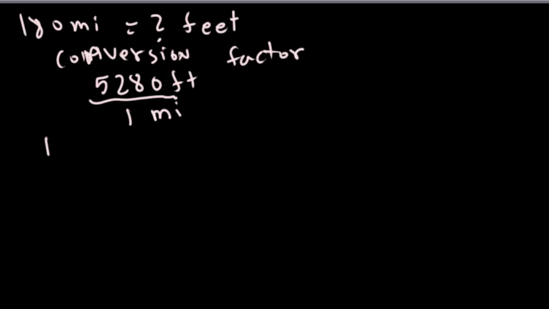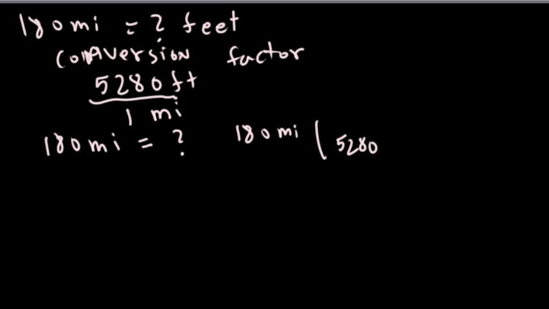So if we have 180 miles, that's going to be equal to, if we want to convert it to feet, we need to multiply that by this conversion factor. So 180 miles times 5,280 feet over 1 mile.